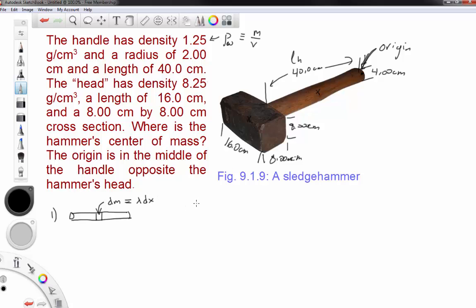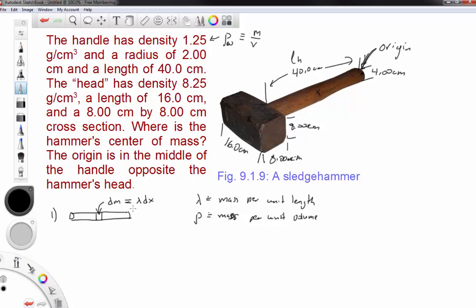And basically, lambda is defined as mass per unit length. That's to be contrasted with rho, which is mass per unit volume. So what we've been given is rho. What we really need to solve this problem is lambda.